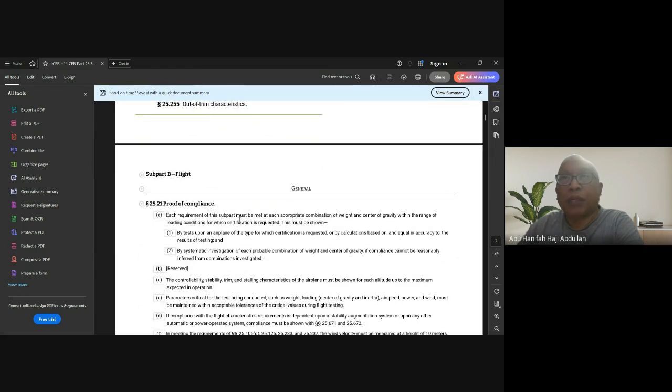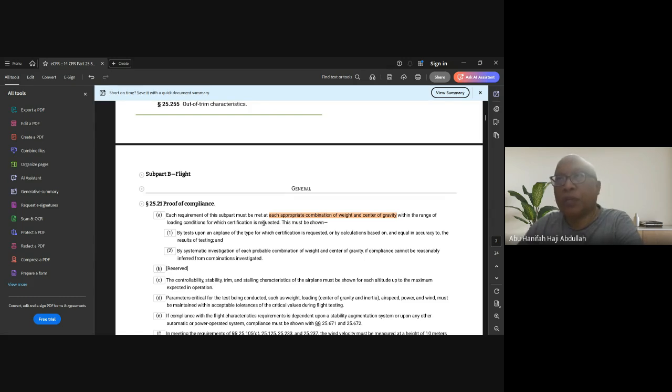Each requirement of the subpart must be met at each appropriate combination of weight and CG. So this is tough. Why tough? Because you need to consider all combinations: minimum weight, maximum weight, empty weight, weight with passengers, weight with cargo.